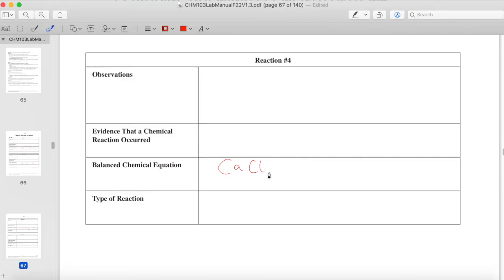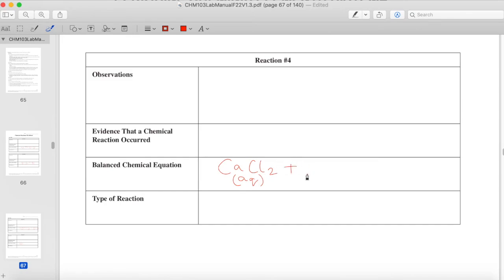Chlorine is in group 17, so it has a -1 charge. So the formula of calcium chloride is CaCl2. Now, this was an aqueous solution. This salt, this ionic compound, was dissolved in water. So we show that by writing AQ as the state symbol for this. So calcium chloride with an AQ underneath it to show it's an aqueous solution, right?